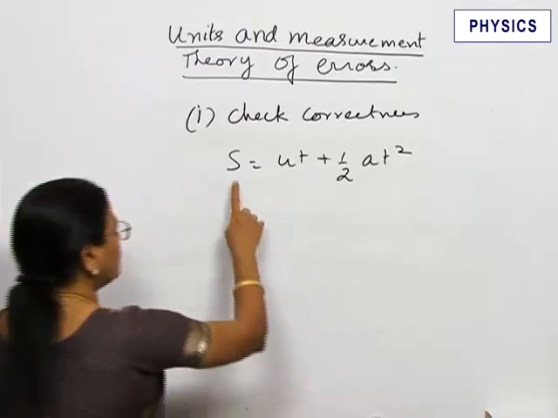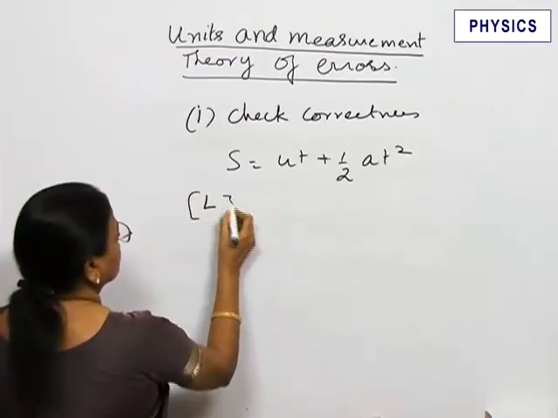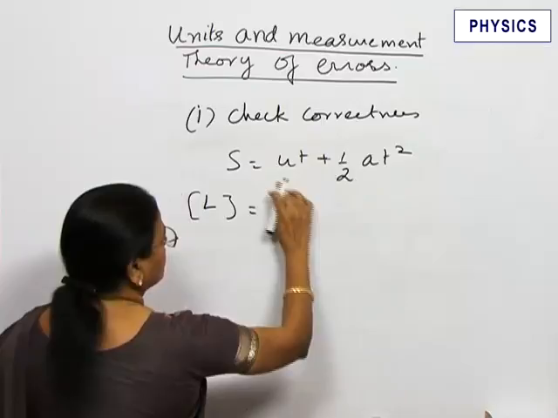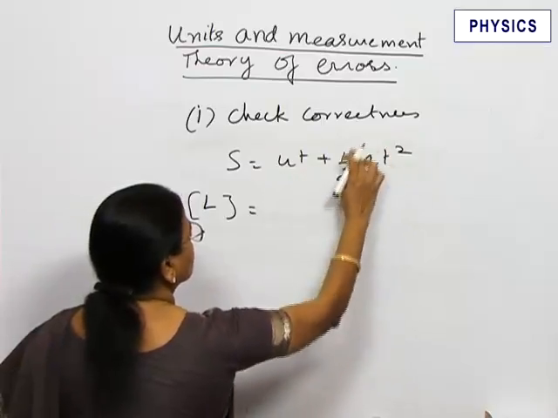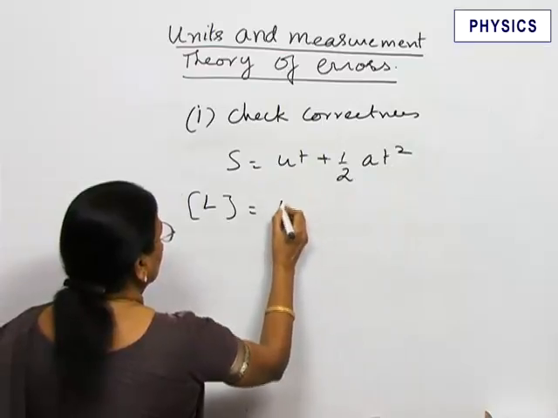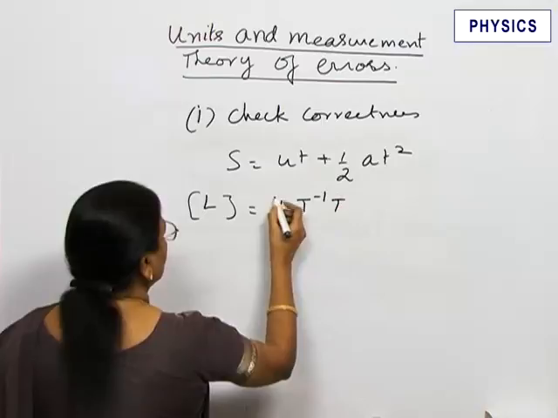What is the dimension of S, displacement? L. So left hand side dimension is L. If this equation is correct, then this term must give dimension L, as well as this term must also give dimension of L. What is u? Initial velocity, dimension L t minus 1, time is t.